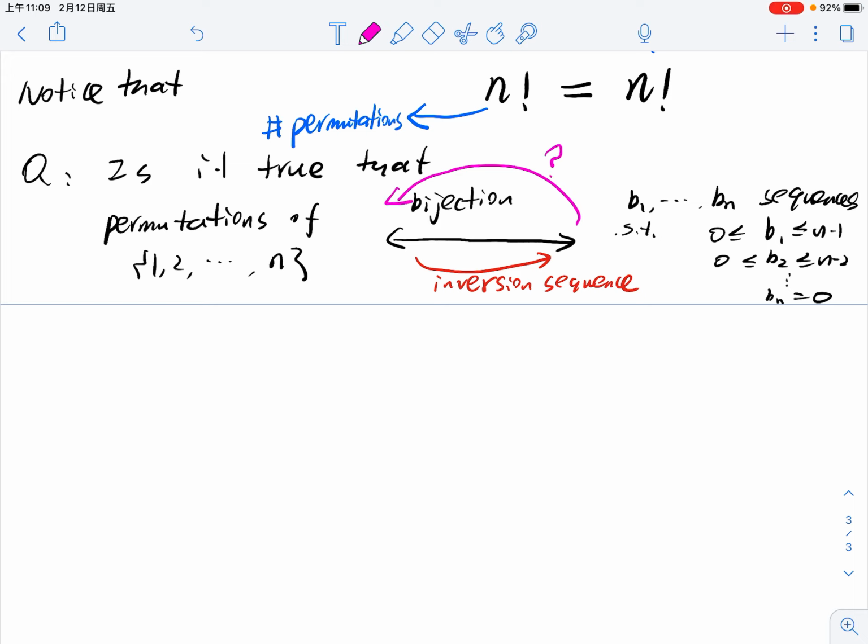That means you are given a B sequence. Can you construct a permutation with a prescribed B sequence? So that's the usual, kind of a little bit more complicated direction. You need to do some construction.